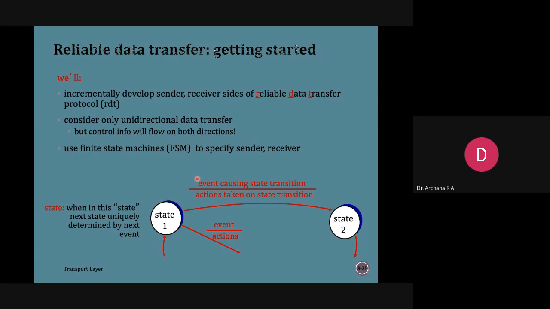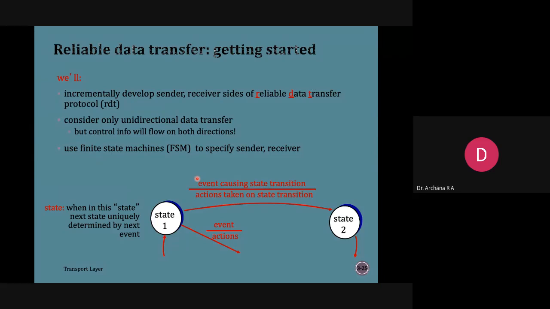In order to make it easy to understand what events are going to occur, and after the event occurs what action is going to take place, we are going to represent this type of communication with the help of the finite state machine. Finite means countable, whereas infinite means not countable.